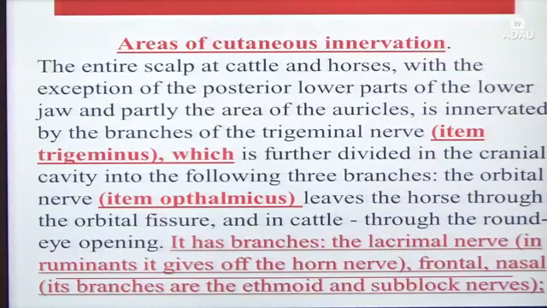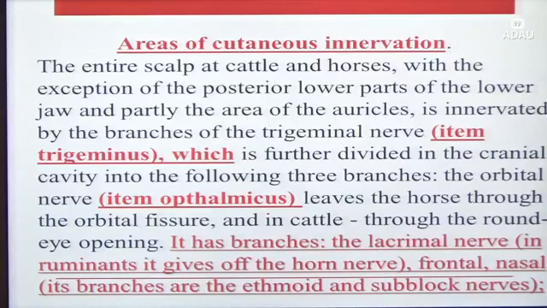Here we can see the cutaneous innervation. This is the facial part, the entire scalp of cattle, divided into some branches of nerves and arteries which we should know. And here we can see the trigeminal nerve, which divides into some branches.